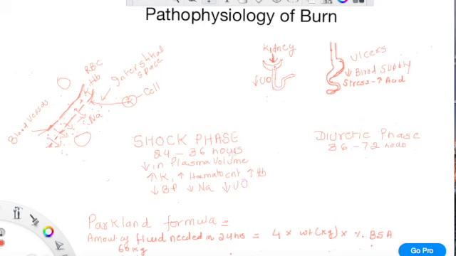Then after 36 hours, the body goes into a diuretic phase, in which the plasma is going back to the blood vessels. So in this stage, when it starts going back to the blood vessels, the danger is that the blood volume is going to go high, and because of that, the person can go into pulmonary edema.